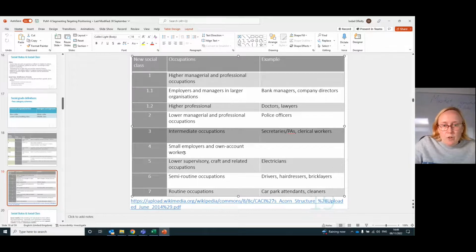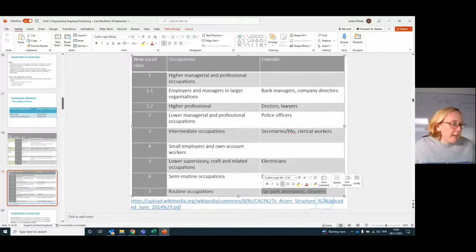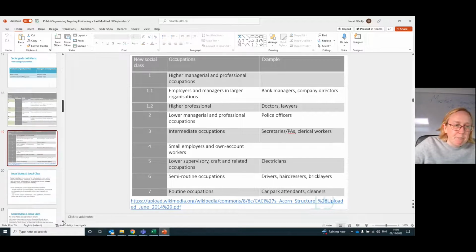So yeah, it goes all the way down to routine occupations. So these are the hourly paid workers and so on. At the bottom, obviously car park attendants wouldn't be a common job description in Ireland, but as I said, it came out of an American study.